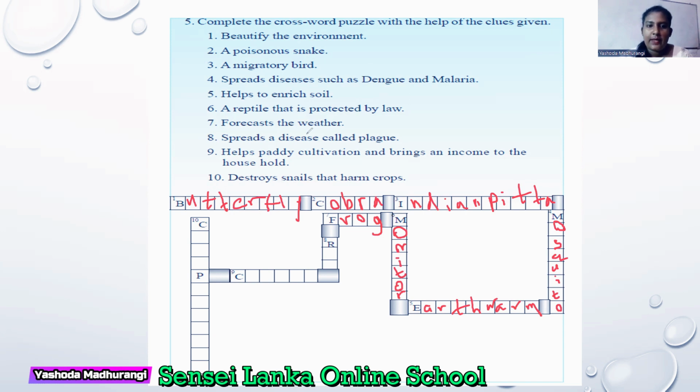Then 8, spreads a disease called plague. It is rat. 8 down, rat. Then 9, helps paddy cultivation and brings an income to the household. Across. Cattle. 10, destroys snails that harm crops. 10 down, a longer name.